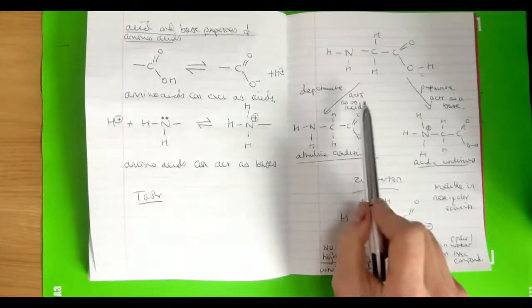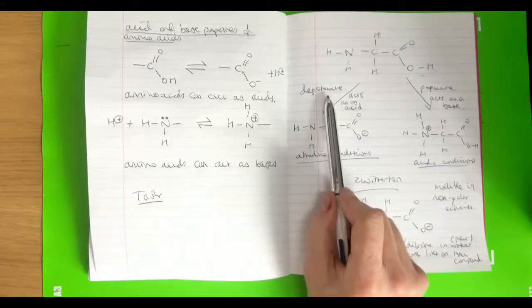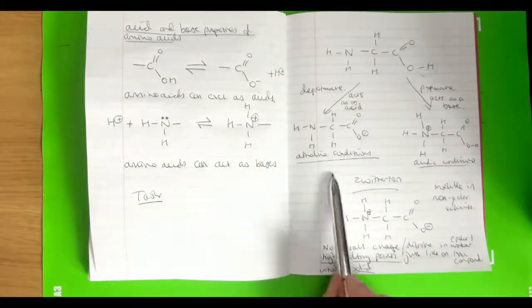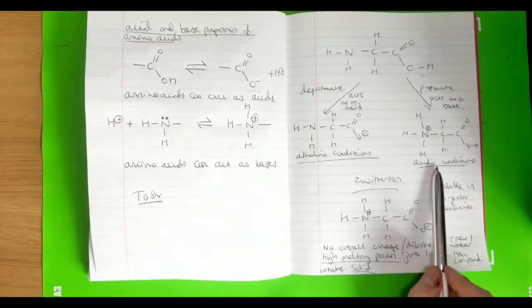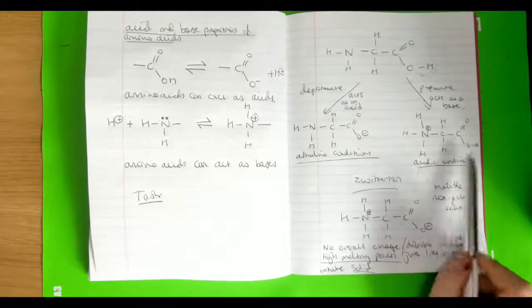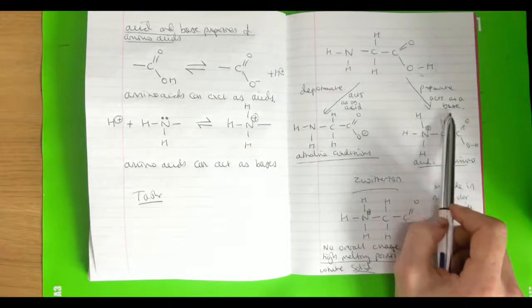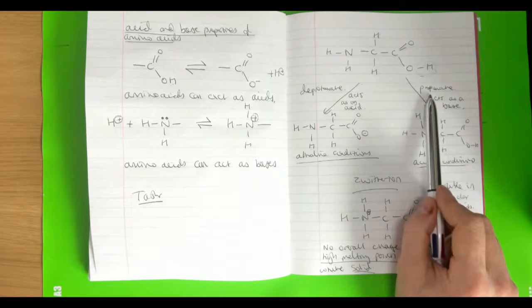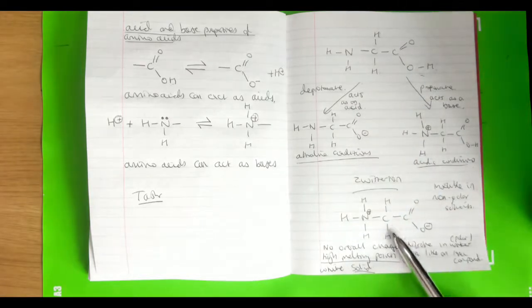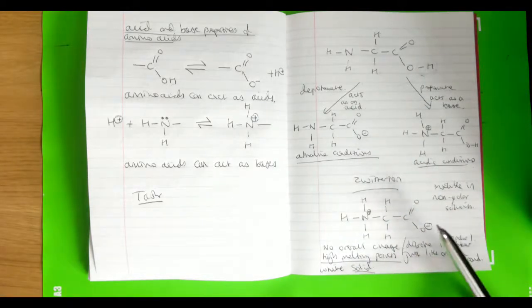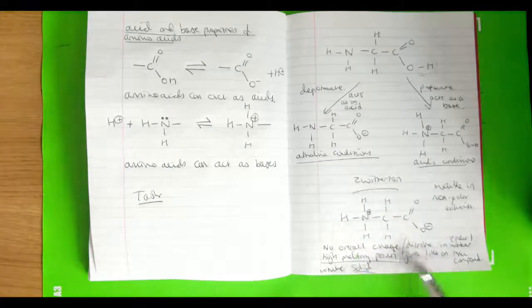And that's when it acts as an acid, when you deprotonate it. I want you to draw the structure of what it looks like in acidic conditions. That's when it acts as a base, where you protonate it. And also the structure of what it would look like as a Zwitter ion, and then write down the properties of that particular Zwitter ion as well.